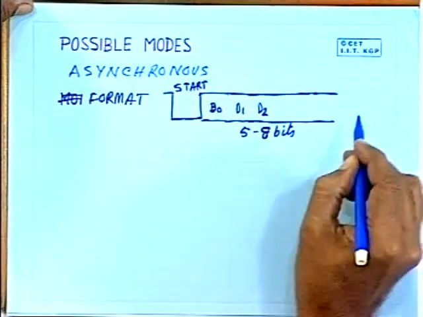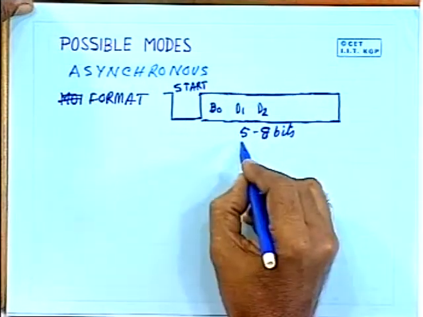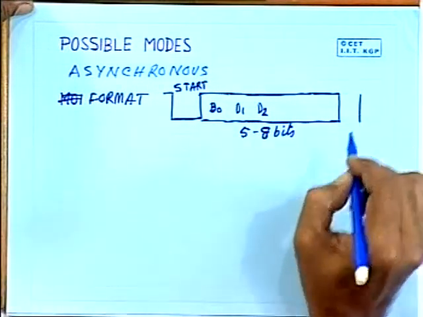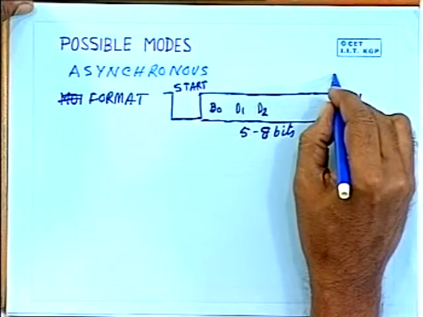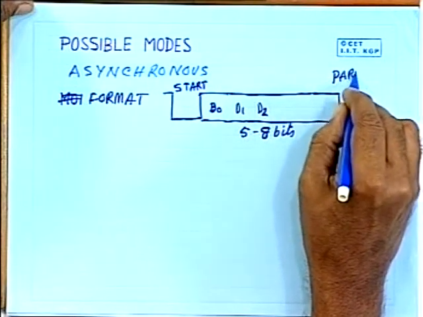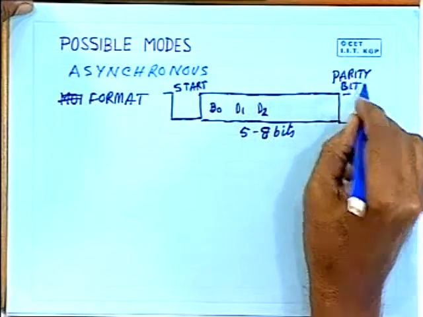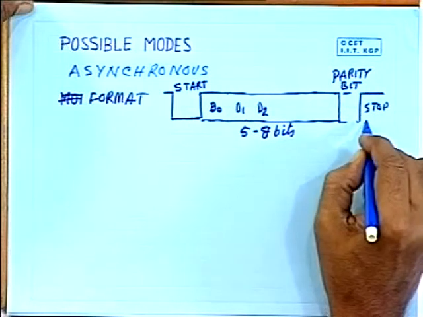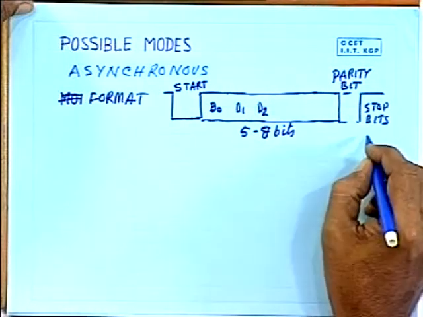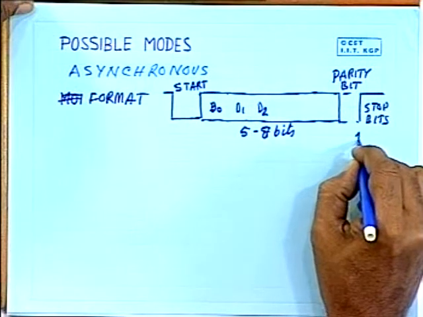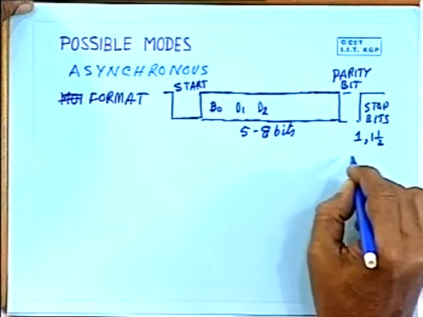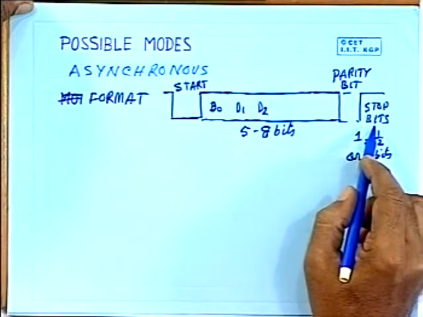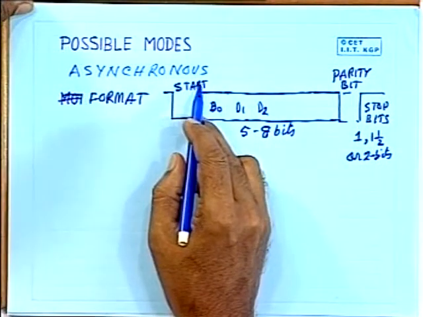That's why I am showing it this way. And after the 5 to 8 bits are sent, there is an optional parity bit. So this is a parity bit. And it is followed by stop bits. And stop bits can be either 1 bit, or 1.5 bits, or 2 bits. This is the common format of the asynchronous mode of data transfer.